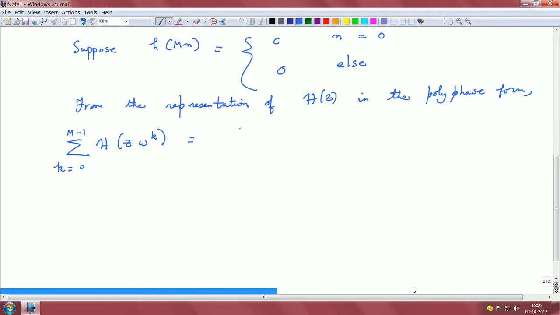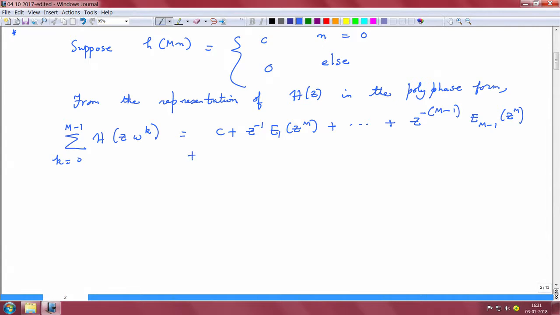So, we start with k equals 0. When k equals 0, it is basically our h of z, which is c plus delay E1 of z power M plus dot dot dot plus z power minus of M minus 1 E M minus 1 of z power M. So, for k equals 1, we have h of z omega, which is going to be c, plus you plug z equals z omega here, we have z power minus 1 omega power minus 1.